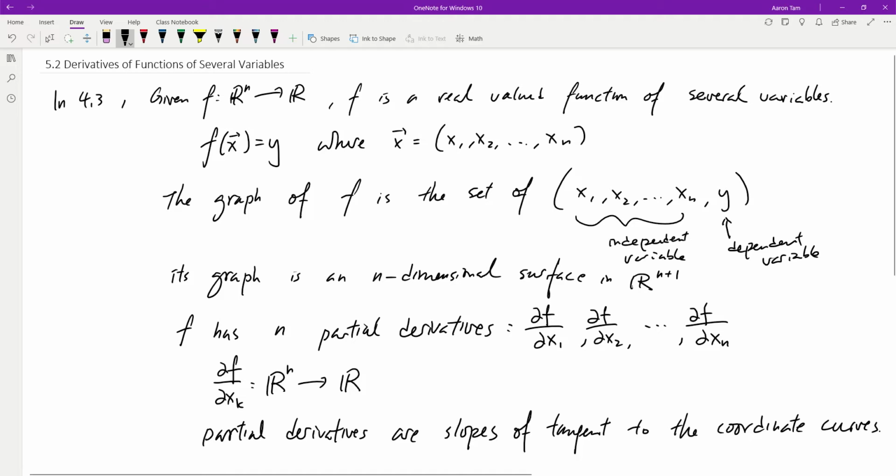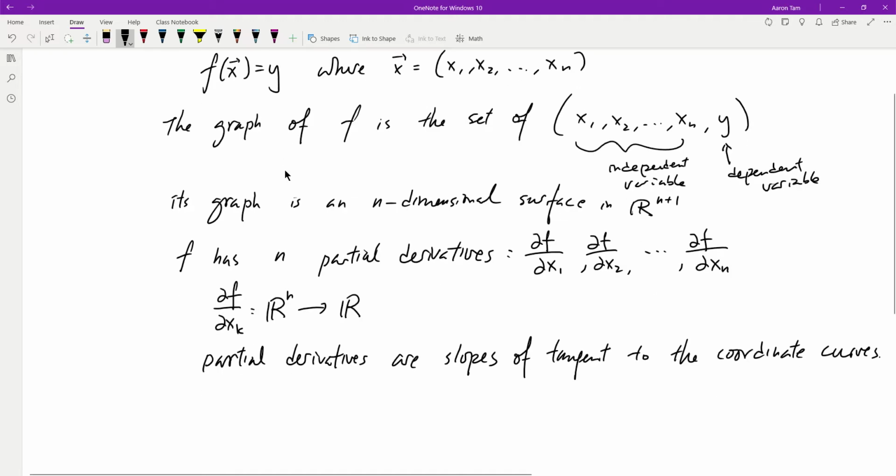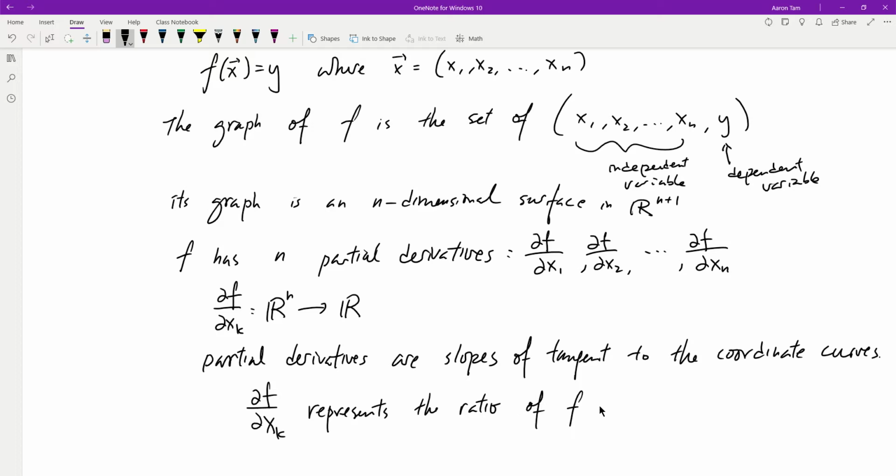And as a matter of fact, this slope represents the following: df over dx sub k represents the ratio of change in f over change in x sub k.